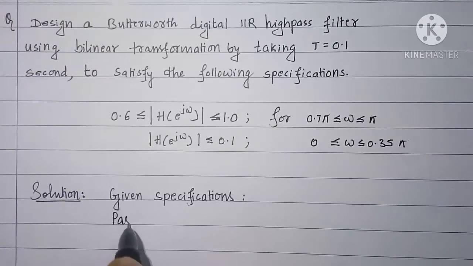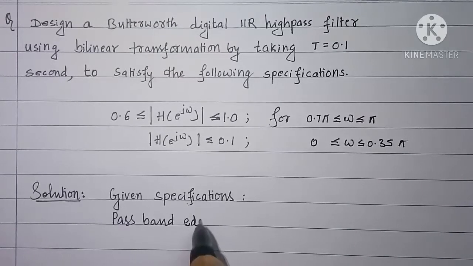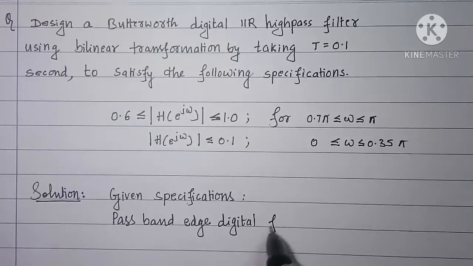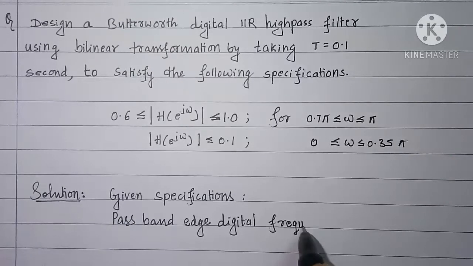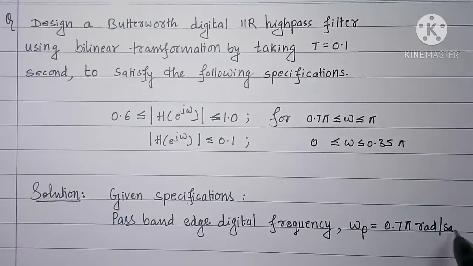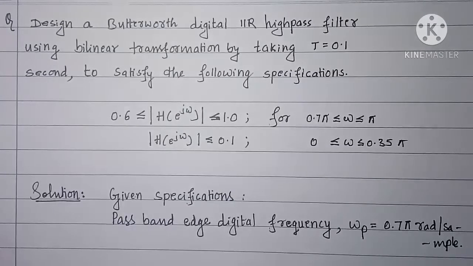Passband edge digital frequency omega p is 0.7 pi radians per sample.